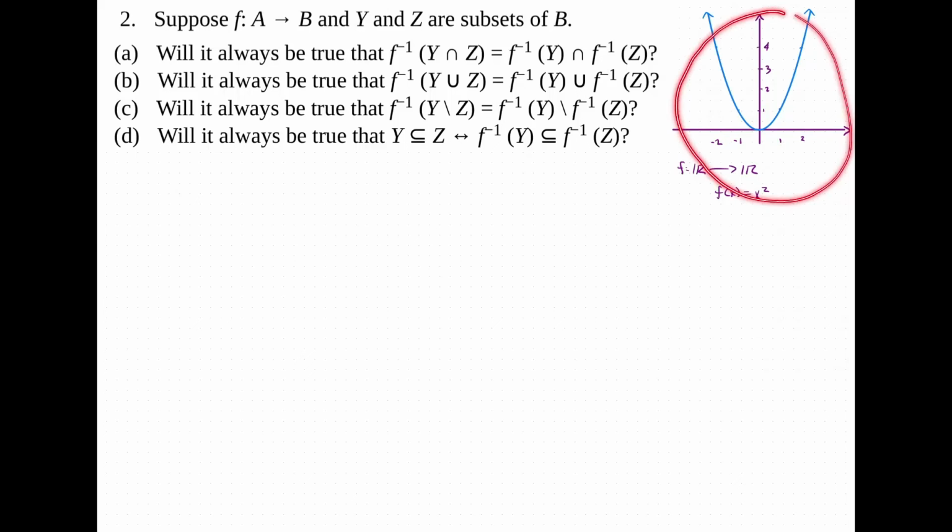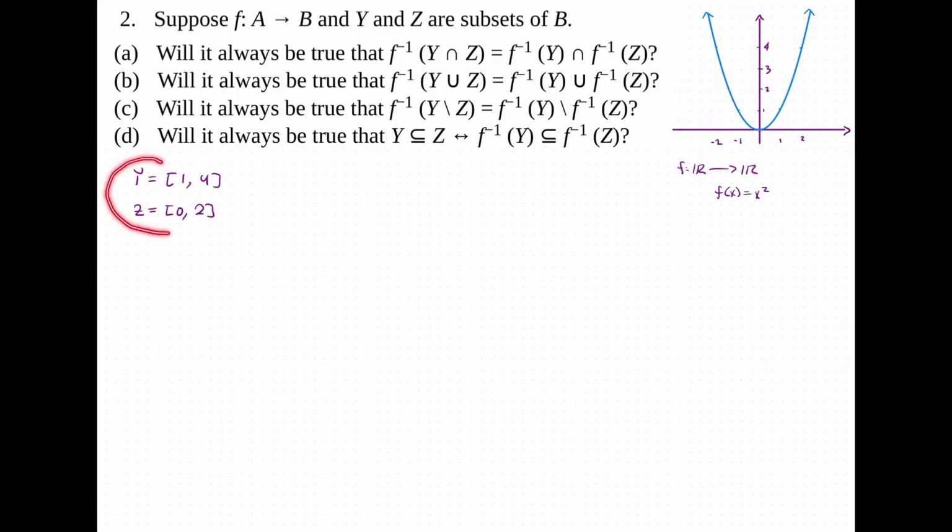So here's our parabola. And so for this example, we're going to take y to be the set 1, 4, and our set z to be the set 0, 2. And so now we're thinking about these as subsets of the real numbers, but specifically corresponding to the set of outputs, so we're viewing it in terms of the y-axis.